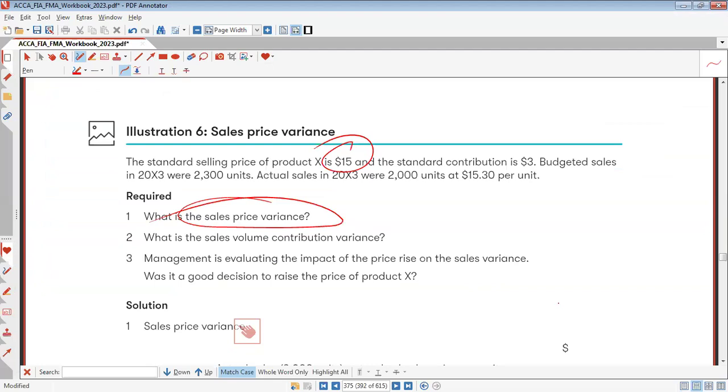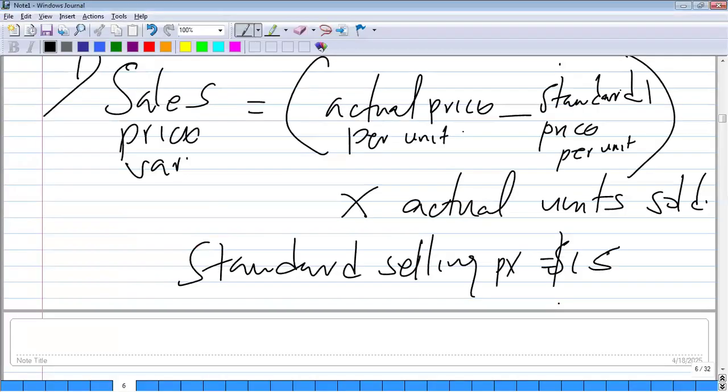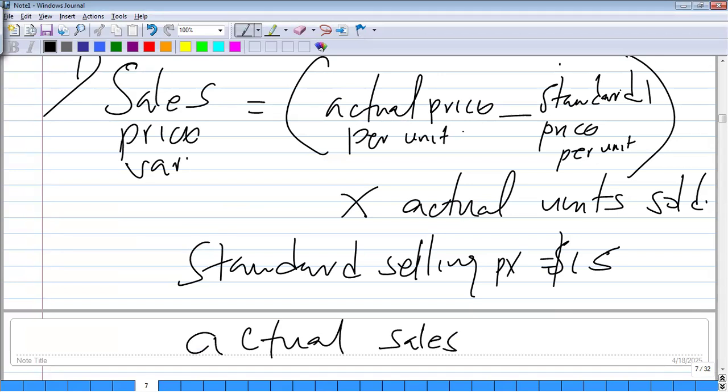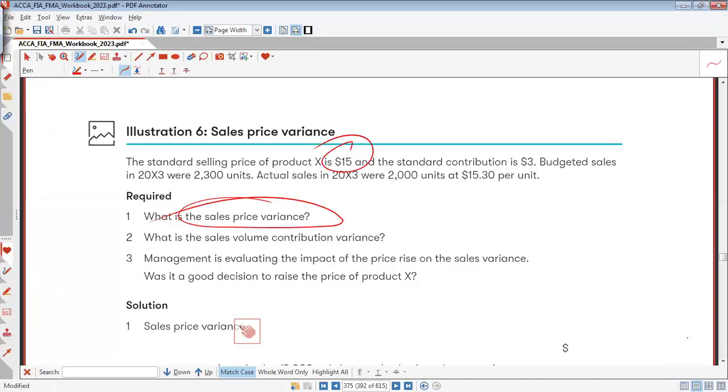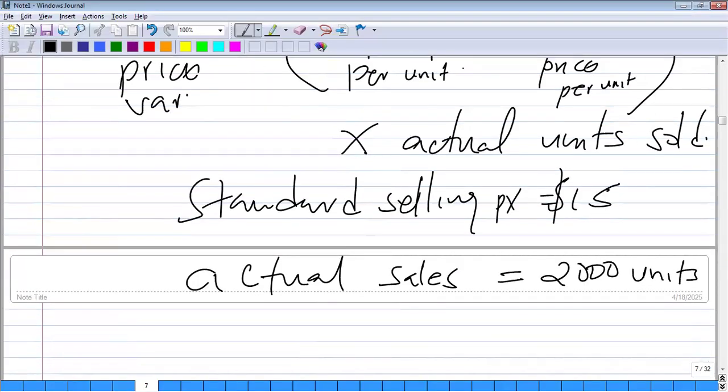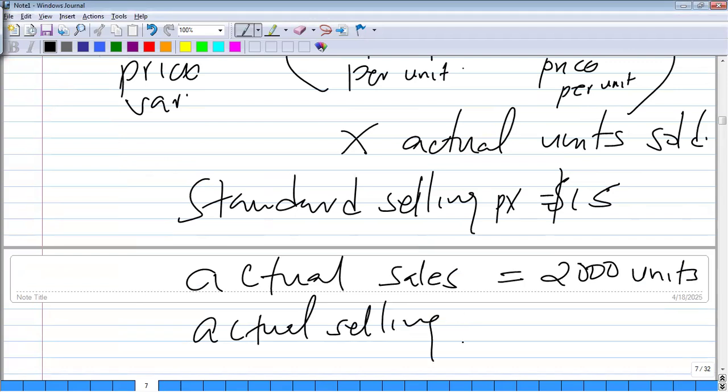Budgeted sales were 2,300. Actual sales were 2,000. So we need actual sales, which are equivalent to 2,000 units and at a rate of 15.3. The actual selling price is equal to $15.3.